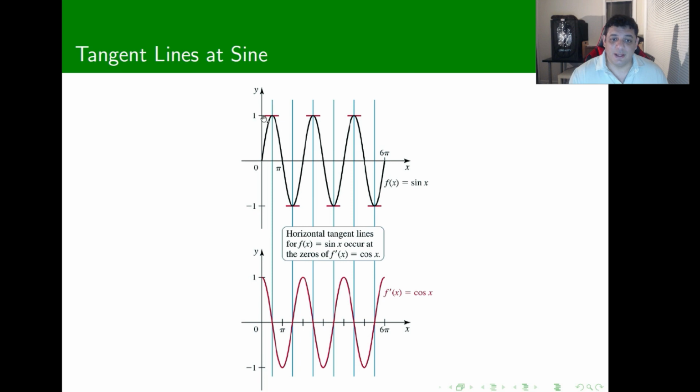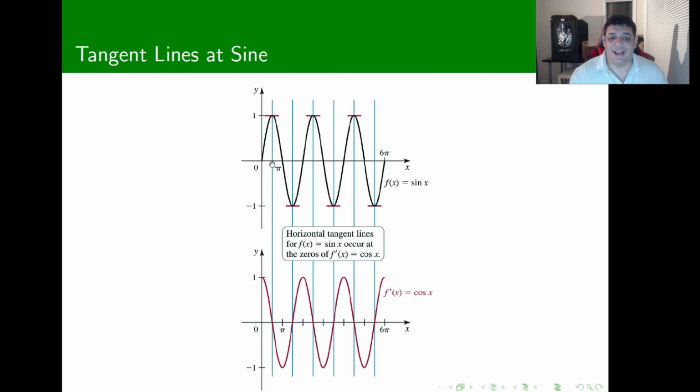So notice, what are the points where the slope of sine of x is 0? It's going to have a slope 0 at all these points, at all the peaks, the top peaks and the bottom peaks. So what is this number?